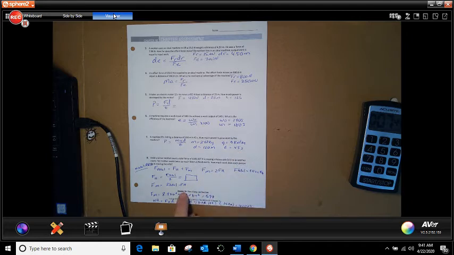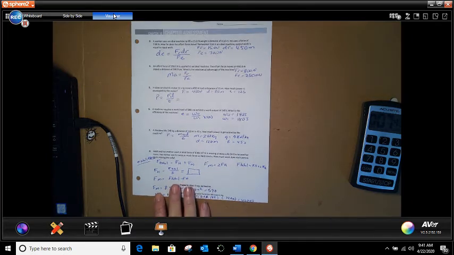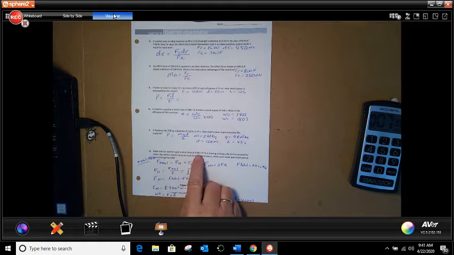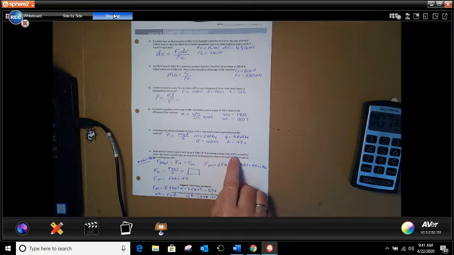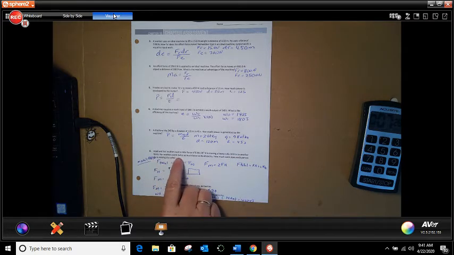And then number 8 says that Heidi and her mother exert a force of 89.0 times 10 to the second newtons in moving a heavy sofa, which is 14 meters, to another room. Her mother exerts twice as much force as Heidi. How much work does each person do moving the sofa? So we have our F total, which is 890 newtons.